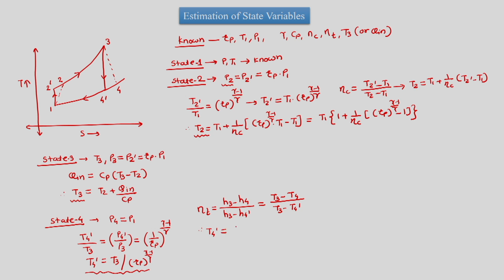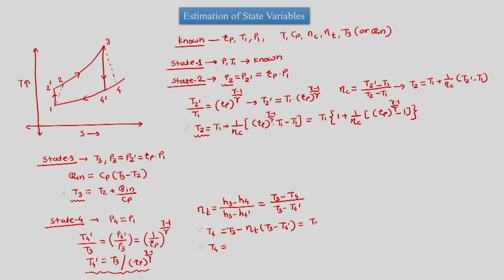So T4 is to be estimated, so T4 is equal to T3 minus eta T into T3 minus T4 dash. We can take common T3 from everywhere.